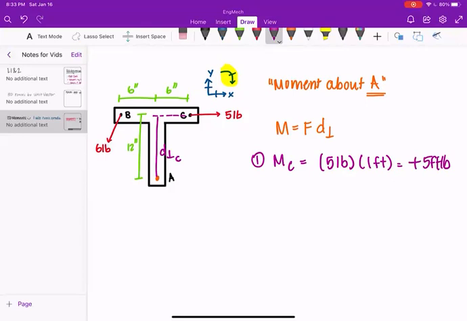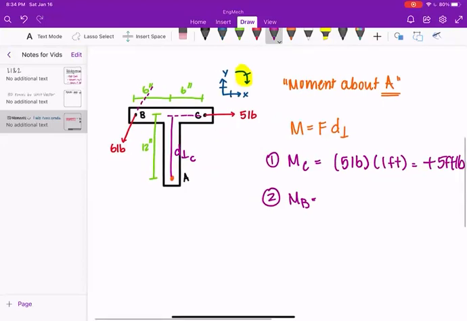Now I have to look at the one at point B. The moment at point B doesn't have a very clear perpendicular distance, because I'd have to extrapolate this line of action and then find this distance. That's the perpendicular for force B as it's drawn.